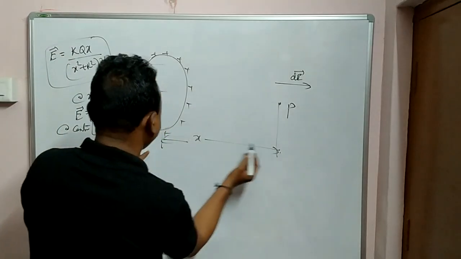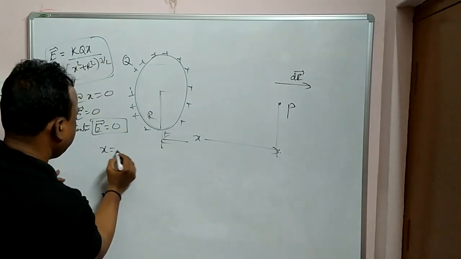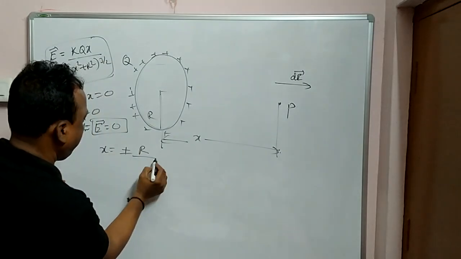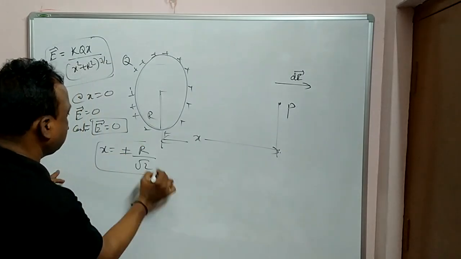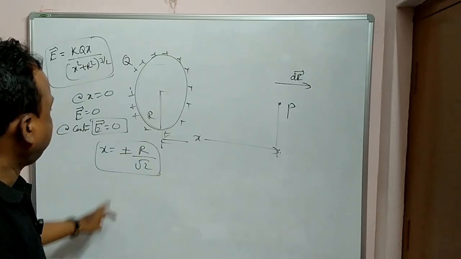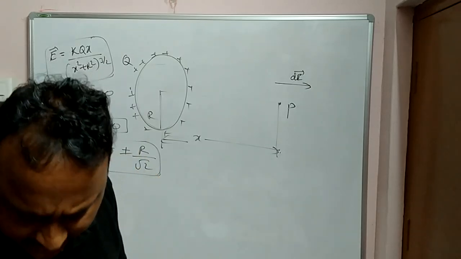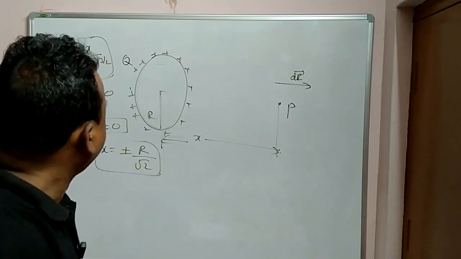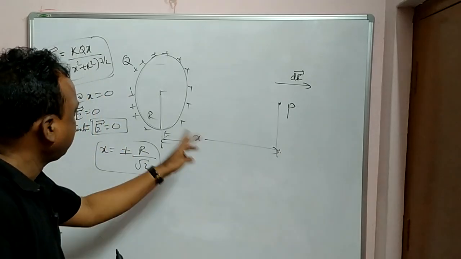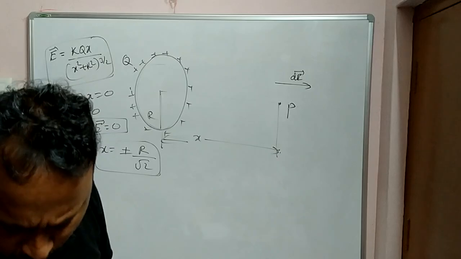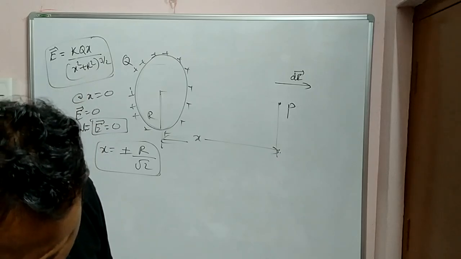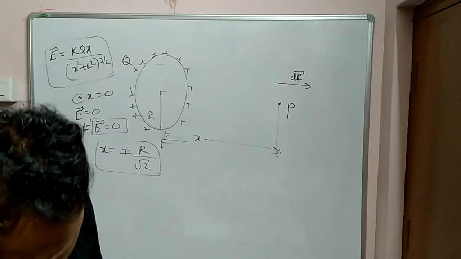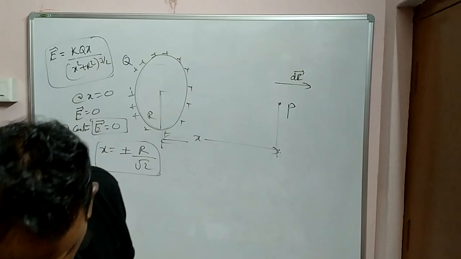This x value, calculate the value: plus or minus r by root 2. This x value is a calculated value you are also having. x is equal to plus minus two values, plus minus r by root 2. Please note down that one.